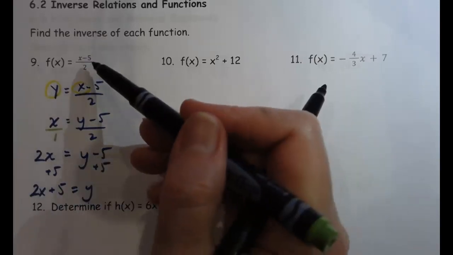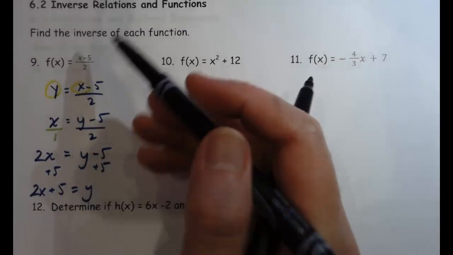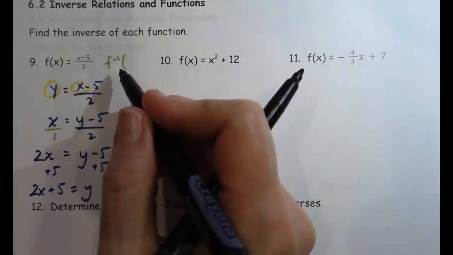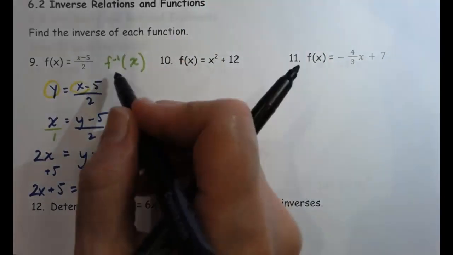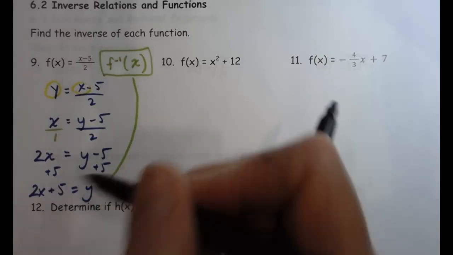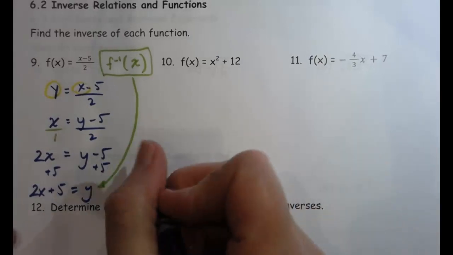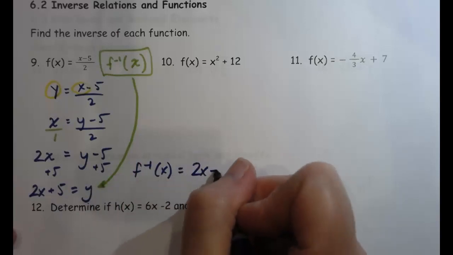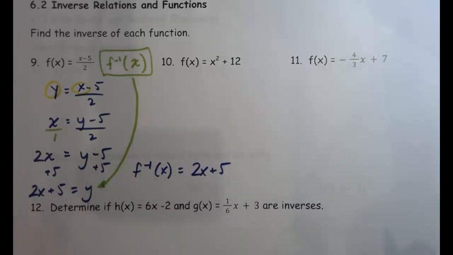So if our function is x minus 5 over 2, our function inverse, which remember the notation for the inverse function is f to the negative 1 power of x. So I'm just now going to replace that y with function notation. F inverse of x equals 2x plus 5.